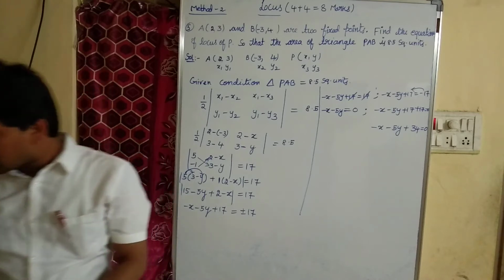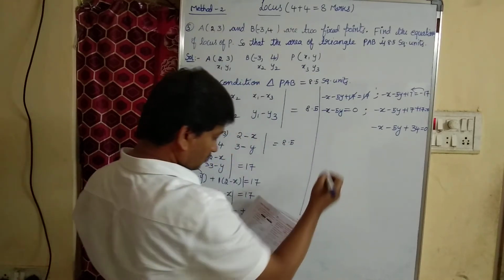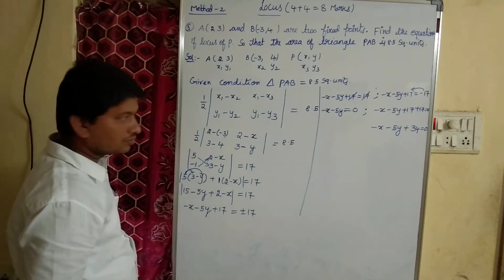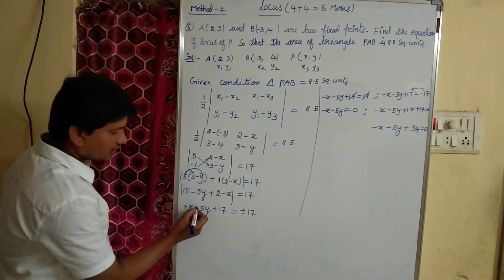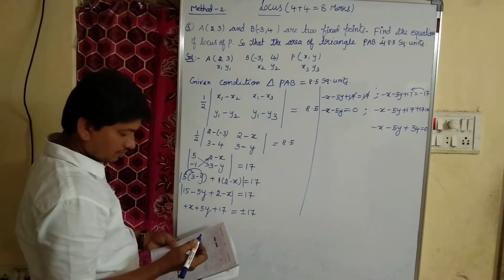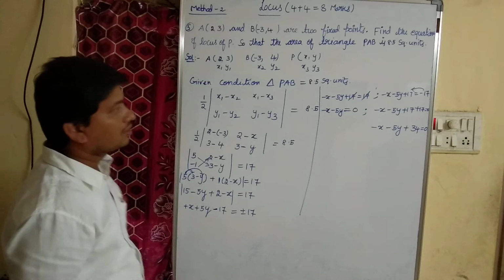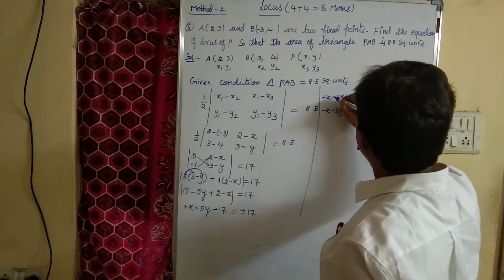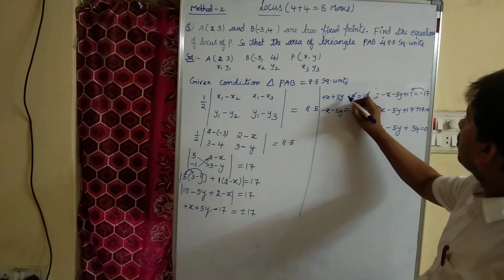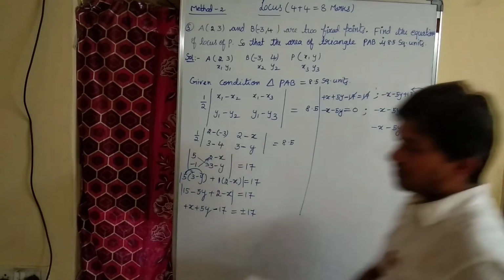Therefore, what is the equation of locus of P? I forgot to say here, as we are removing from the modulus, right? So this will become plus x plus 5y, right? And this will become minus 17. First we are considering plus 17. So let us change the values.